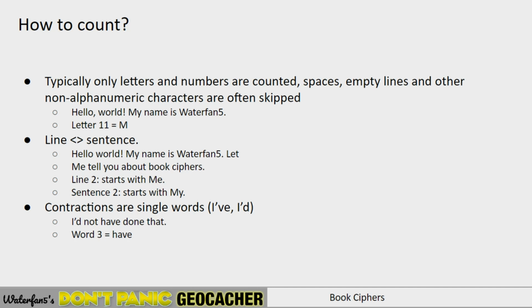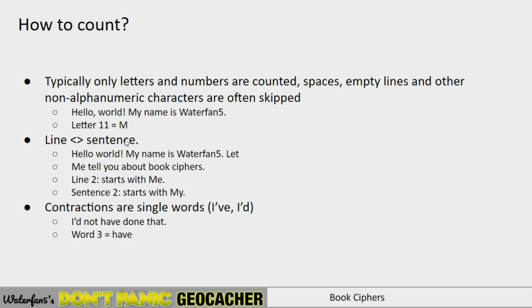So you don't count spaces, empty lines, and anything that's a semicolon or a dot or anything other that's non-alphanumeric, you typically skip. So in this case, if the text is "hello world, my name is Waterfan5", the M is letter 11. Hello and world both are 5, and so one more is the M. So we skip the comma, the spaces, and the exclamation mark.